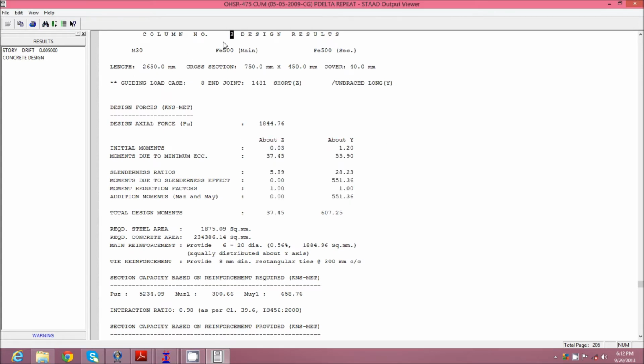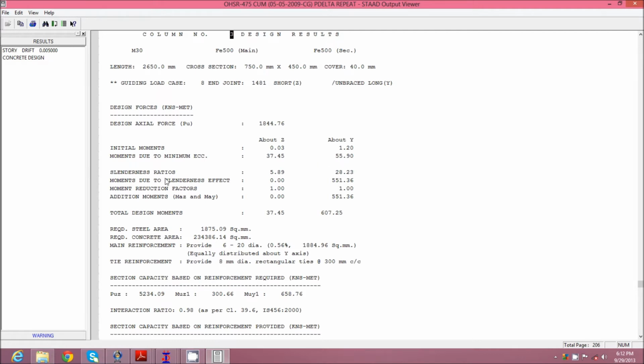Yeah, this is the column number 3, and as per our requirement, by giving ELY as 7.99, we have got a slenderness ratio of 28.23, which is more or less 28.24.